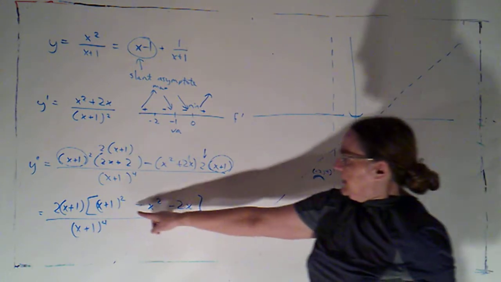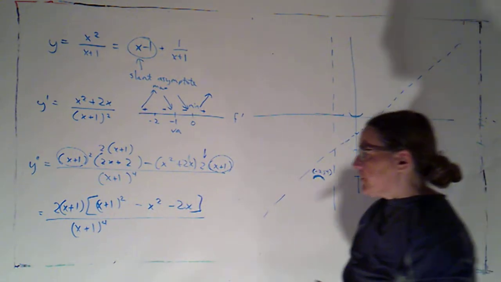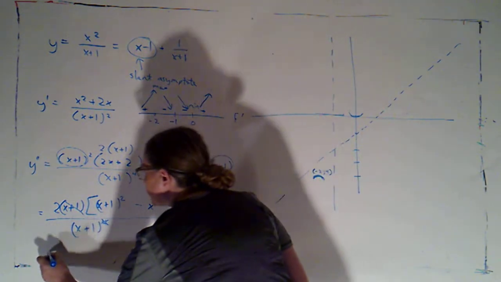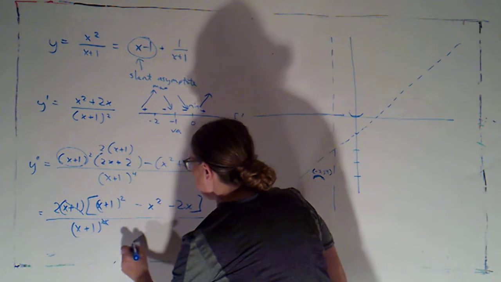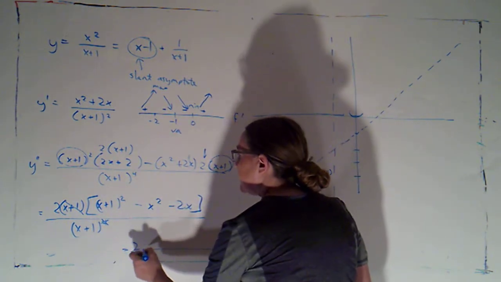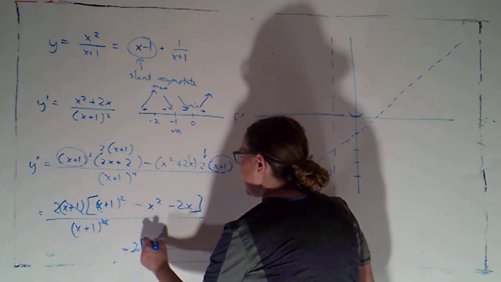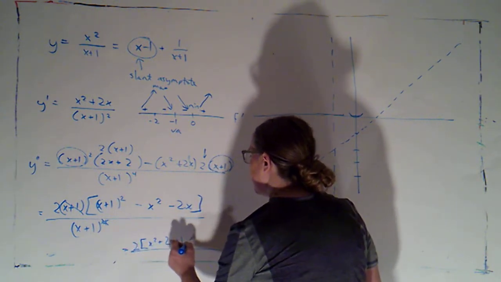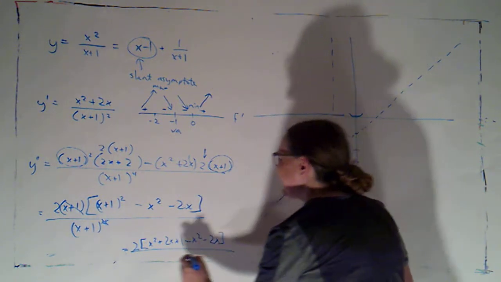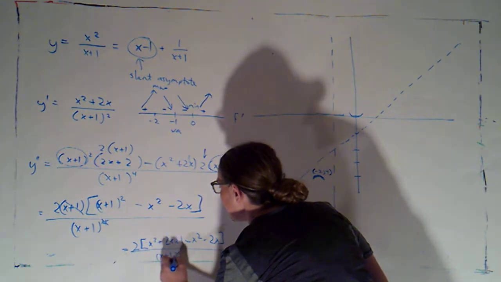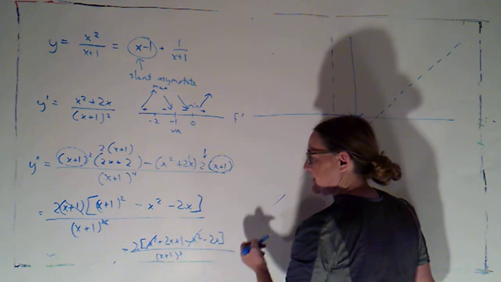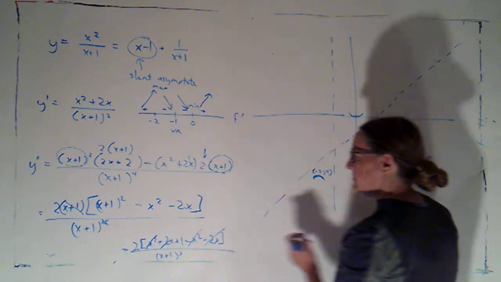Okay. Let's go ahead and simplify a little bit further. Now if I want, I can cancel one factor of x plus 1. So I'm going to have 2 times (x plus 1) squared would be x squared plus 2x plus 1 minus x squared minus 2x all over (x plus 1) cubed. Now that's awfully nice because the x squared and the minus x squared cancel, the 2x and the minus 2x cancel.